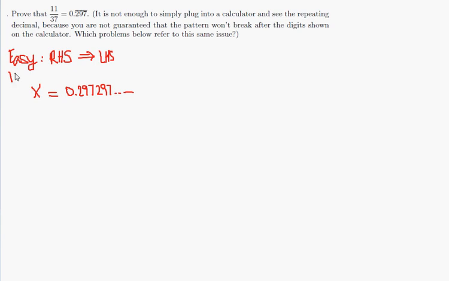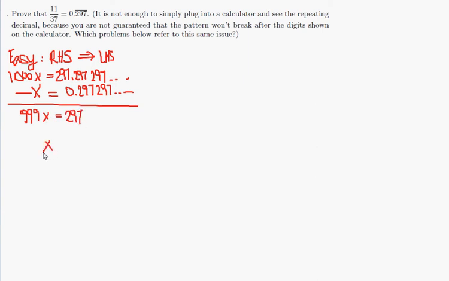If I multiply this by 1,000, then this would be 297.297, 297. And then if I subtract these, I would get that 999x is equal to 297.